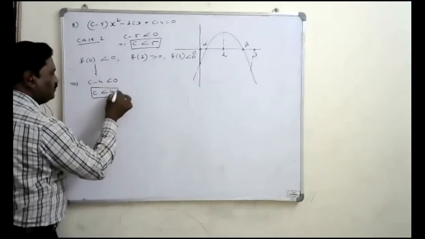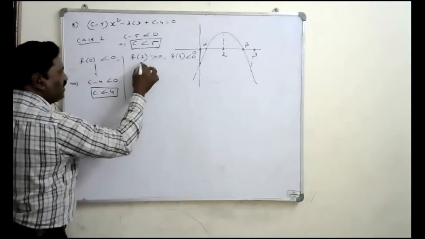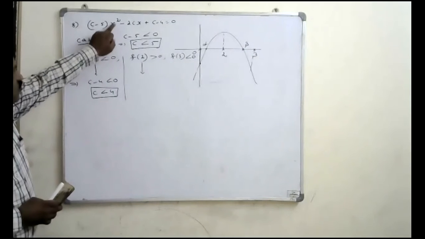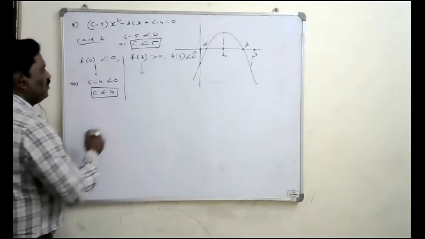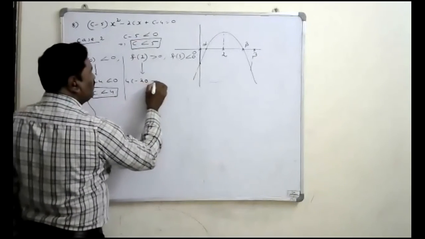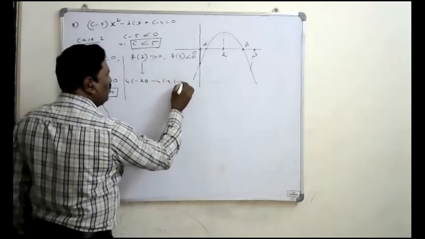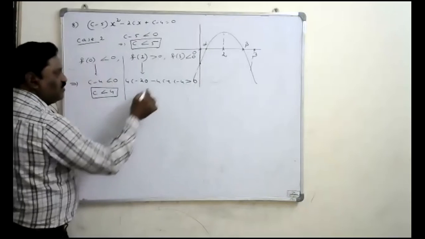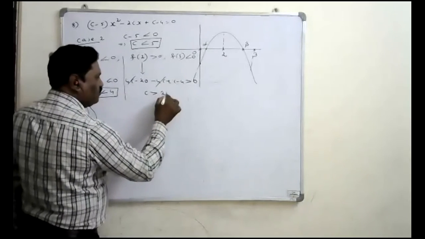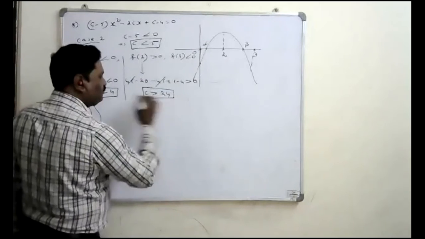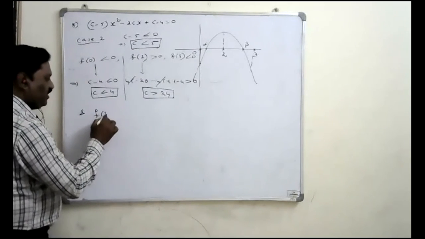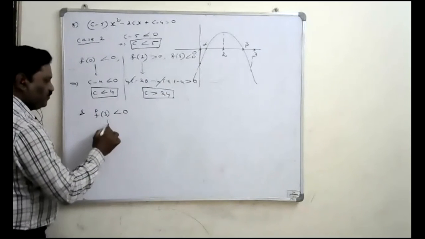This is another interval. Now take f of 2. Putting x equal to 2, 2 square means 4, multiplied by c minus 5 gives 4c minus 20. Then 2 into 2 means minus 4c, plus c minus 4 is greater than 0. 4c cancels, so c is greater than 24. This is the second interval. And the third one, f of 3 is less than 0.